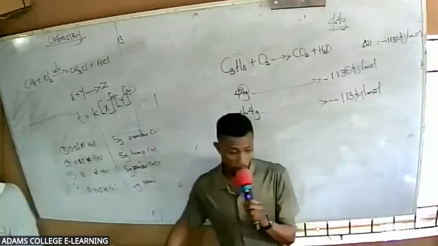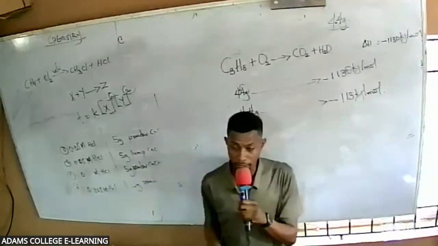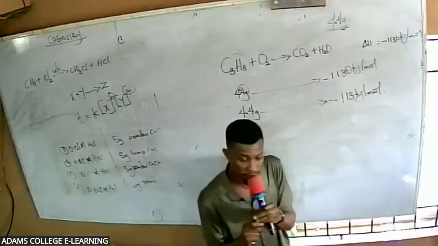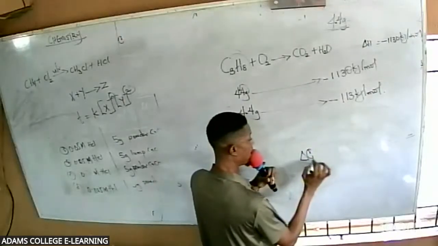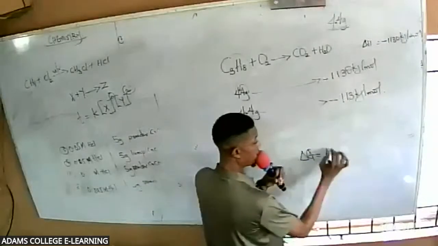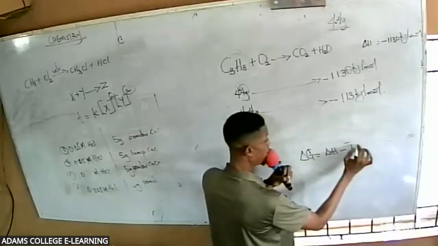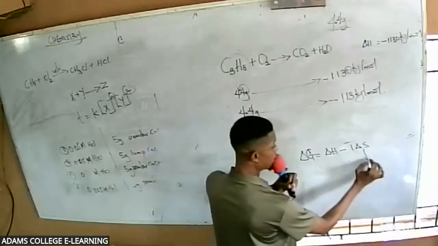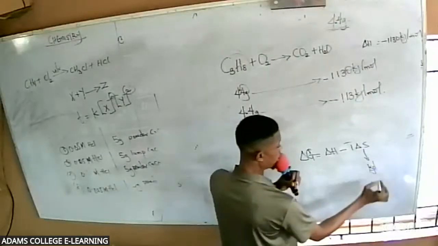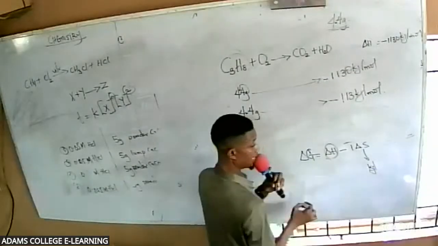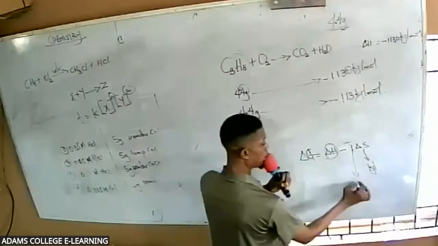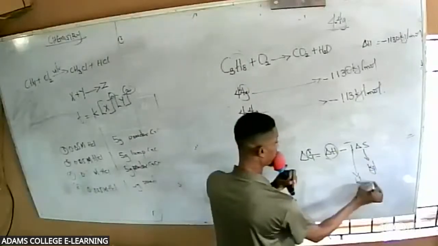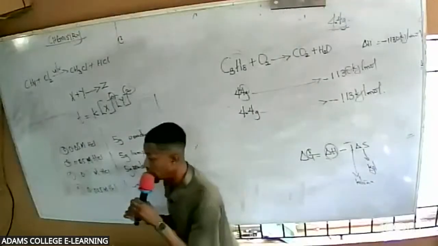Positive, non-spontaneous. Change in Gibbs energy equals change in enthalpy minus temperature times change in S. Remember that this change in S must always be converted to kilojoules to agree with the change in enthalpy. And the temperature must be in Kelvin, the absolute temperature.